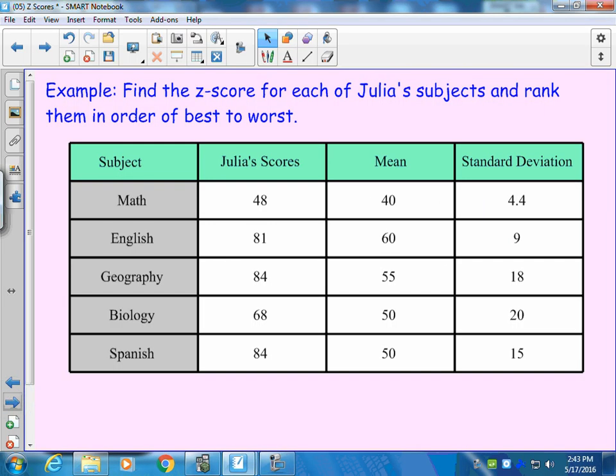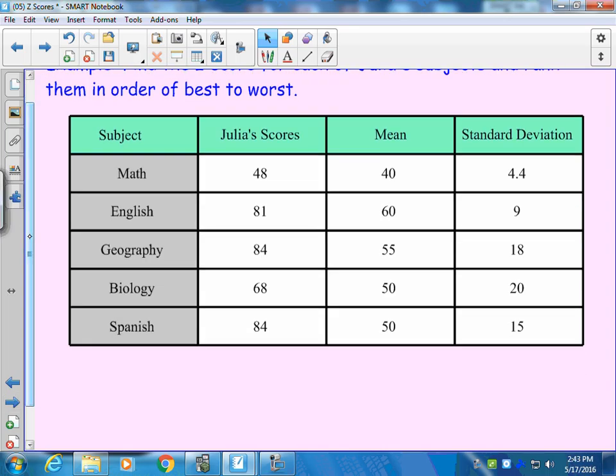Okay, now the other advantage of a z-score is to be able to compare values that are not on the same scale. Okay, so if we look at Julia's scores here in her different classes, if we're just looking at raw numbers, we know that geography and Spanish are the classes that Julia did best in.